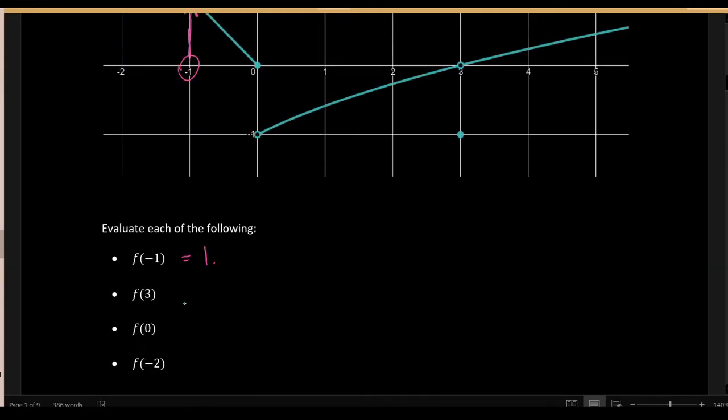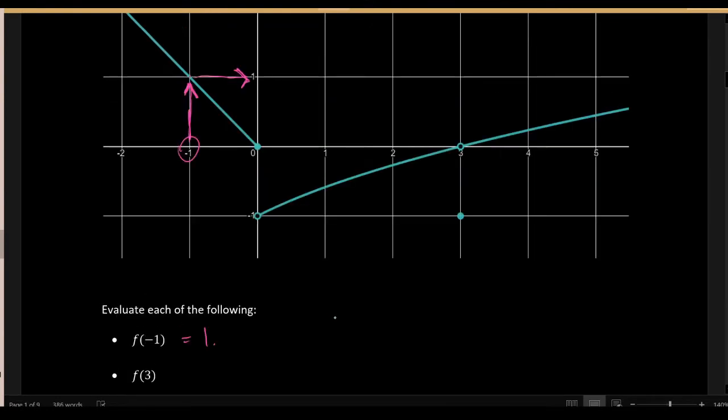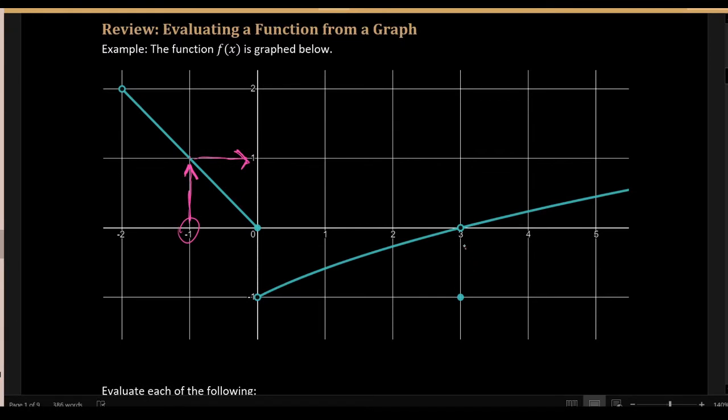Let's try and evaluate the function at 3. So I look and I try and find 3 in this picture, and x equals 3 lives right here. So the question is, should I look at this point, or should I look at this point down below? I need to look at the location on the graph that has a filled dot.